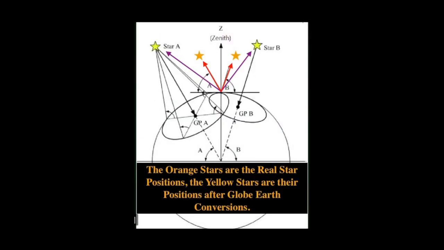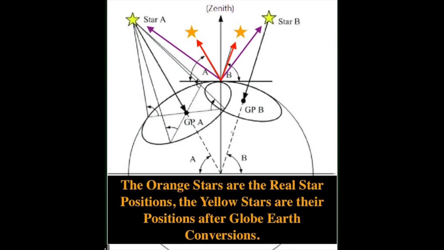So here, the orange stars, which are up here, are the real star positions, right? Where these red arrows go to, right? The yellow stars, which are these ones, are their positions after globe conversions. So this is why it doesn't work, right?